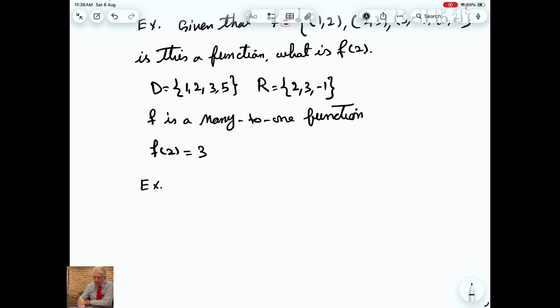Now, if f of x is equal to 3, what is this? If I draw the image, find the domain and range.